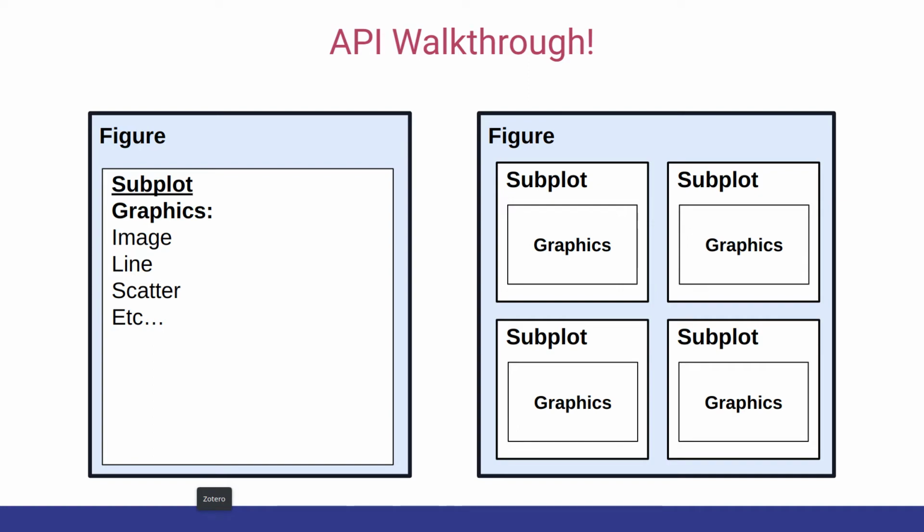But we also showed you some examples where there was more than one cell of things going on, and that would be option B on the right. You have multiple subplots, and then you can add graphics individually to those subplots. And then the interactivity you define between the graphics, between subplots. That's just an intuition of how the library is laid out.